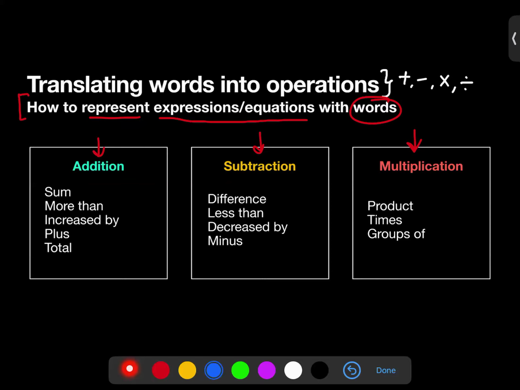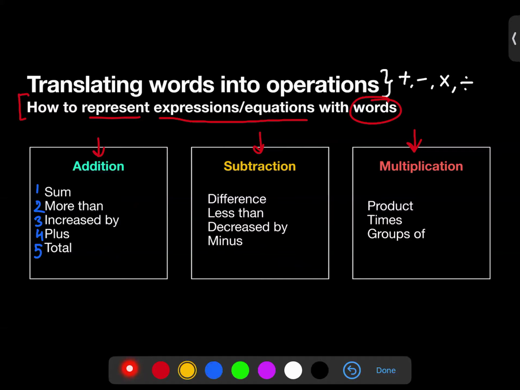So anytime you hear the word sum, more than, increased by, plus, total, all these words should signal addition. So every time you see these words, you should automatically in your head think of addition.